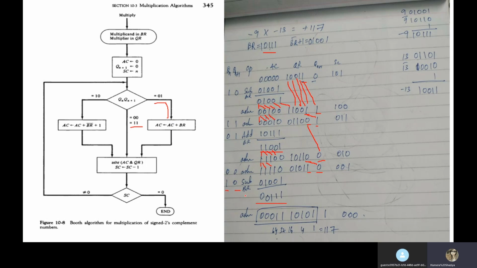And here, after this final arithmetic shift right, 1 turns out to be 0. And then because SC turns out to be 0, you have to end the process. The process gets ended, and the final result is in AC and QR.